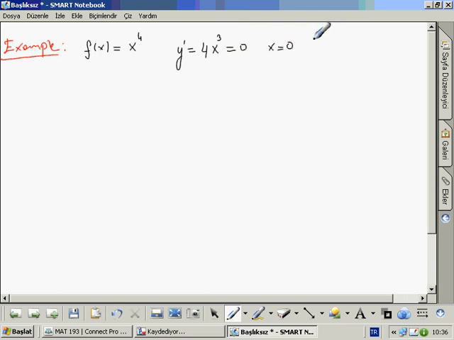We know that x equals 0 is a critical point, and this point is a local and absolute minimum point.